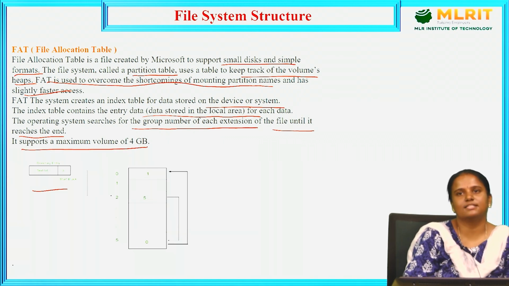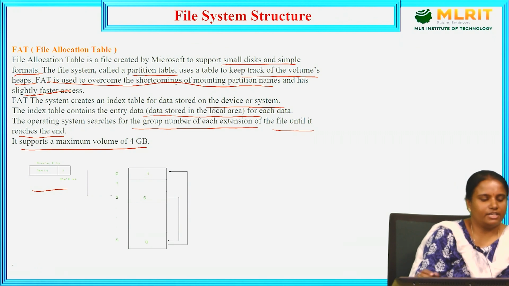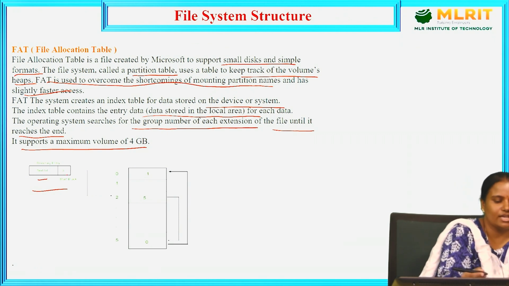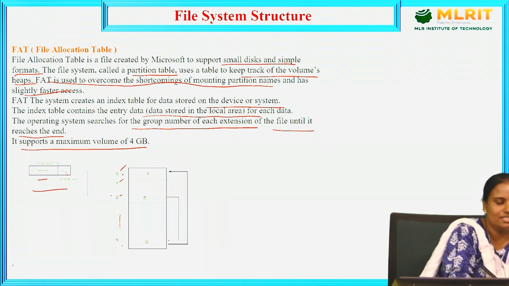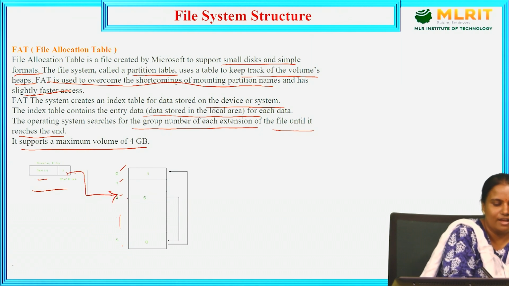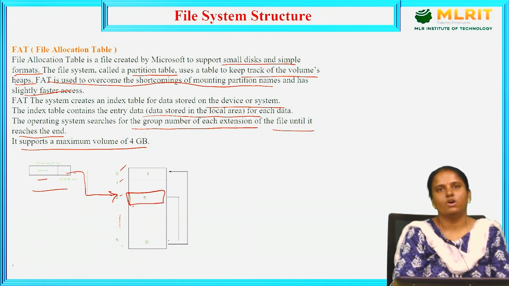So here is the directory entry: text.text with start block 3. Our index starts from 0, then 1, 2, and so on up to 5. Starting at 3, we take the third block, with a length of 5. This is how we insert the data in the file allocation table.